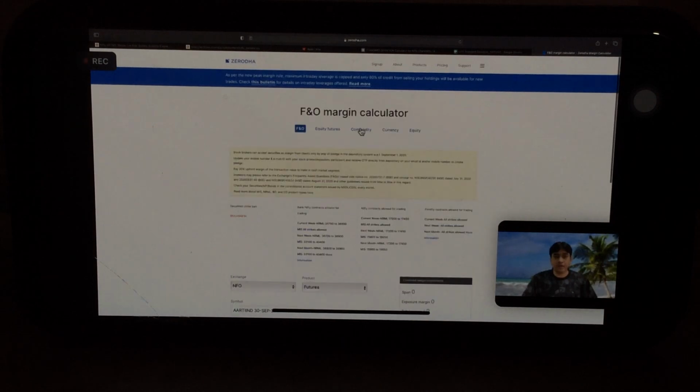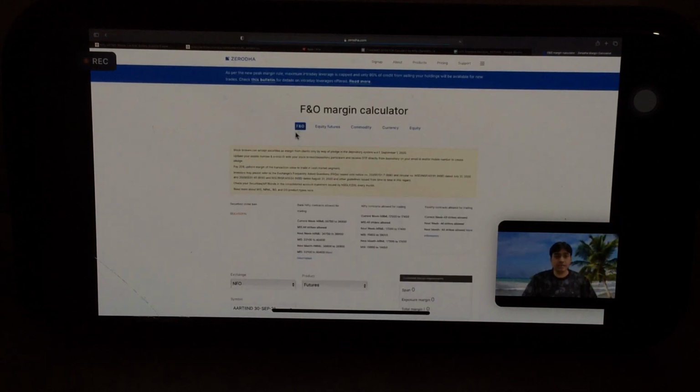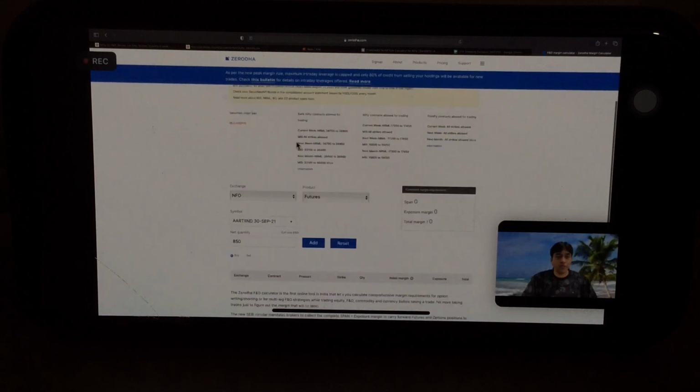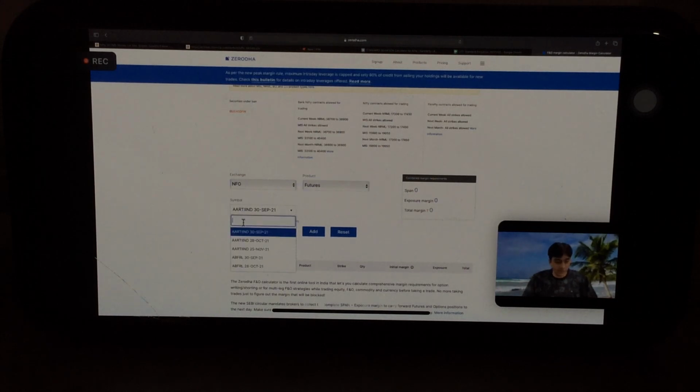Here you can see for commodity, right? Equity, currency. So F&O, we have to go below here. This is NFO, MCX is for commodities and CDS is for currency. So F&O, futures or options. So I want to buy futures, I want to buy Reliance. Let's consider I want to buy Reliance Industries.